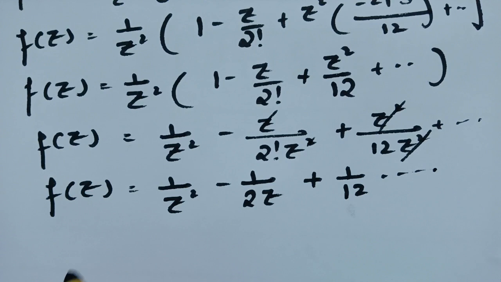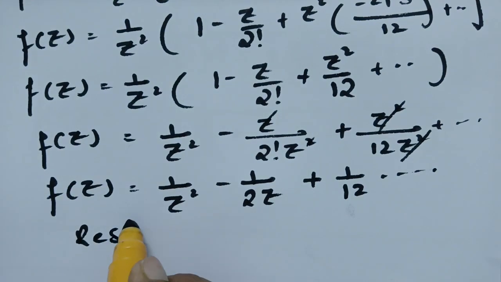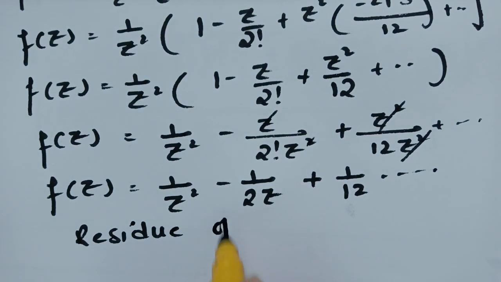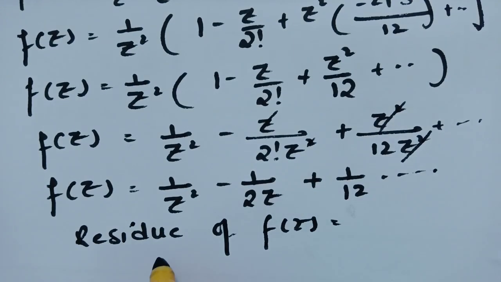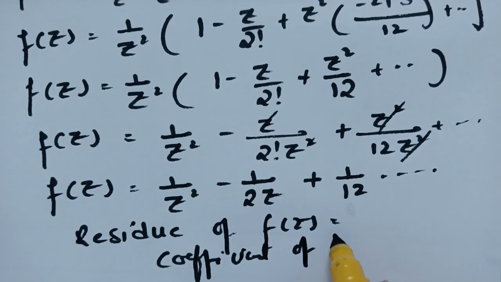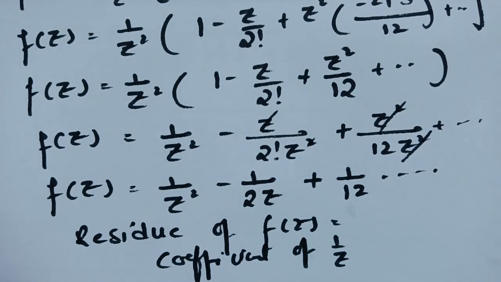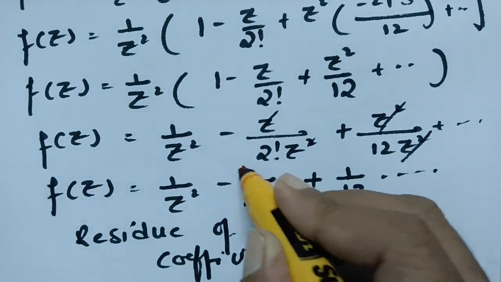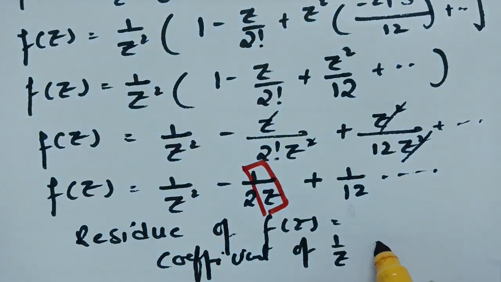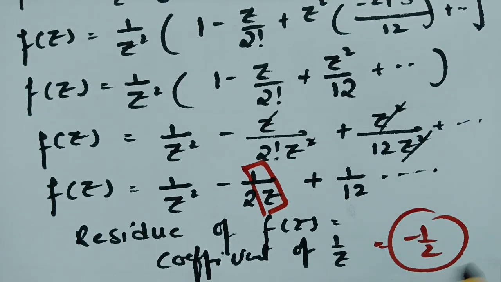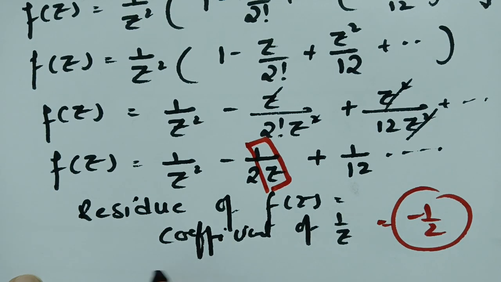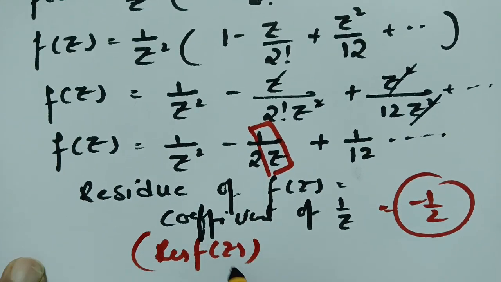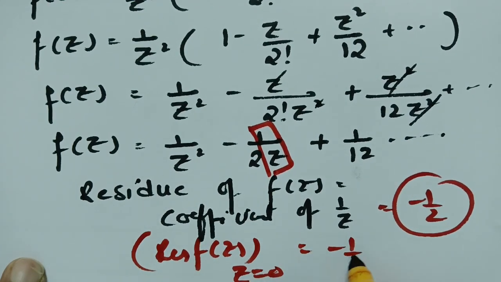So here the residue of f of z is nothing but the coefficient of 1 by z. See here, what is the coefficient of 1 by z? The coefficient is nothing but minus half. So this is our residue value at the point z is equal to 0. So the residue value of the function at z is equal to 0 is nothing but minus half.